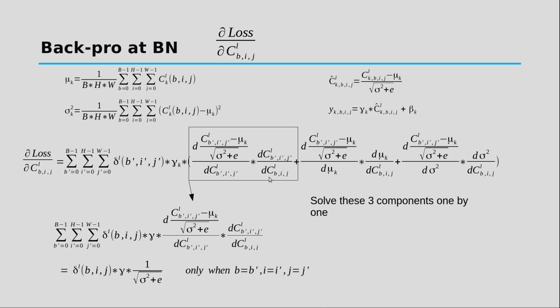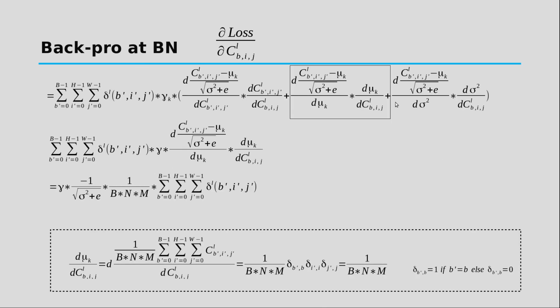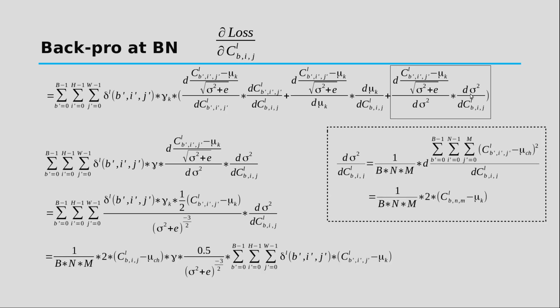First, this one, its derivative with itself. So it becomes this part, and this part, because the mu becomes this. So we substitute, we get this, and this becomes this, and we substitute into it, and we get this formula.